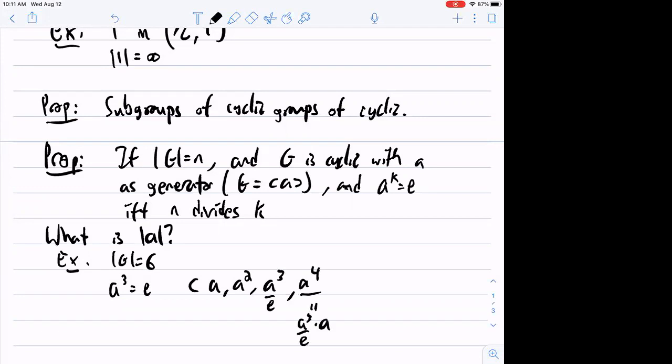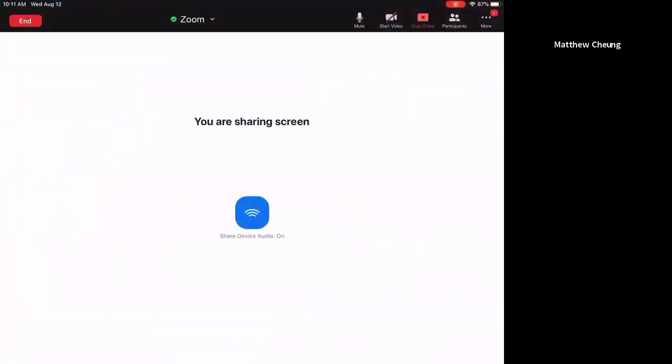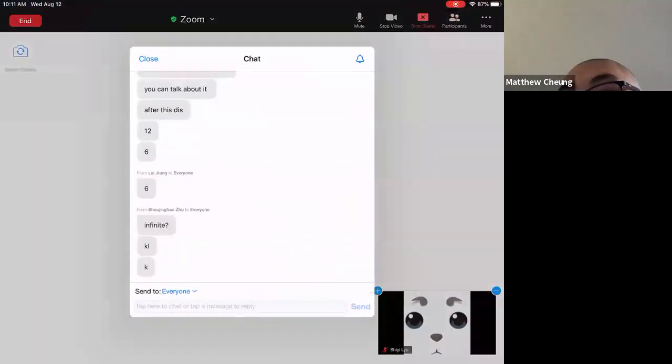So this is redundant, right? You see here, you only have three distinct elements: A, A squared, and A cubed. You have nothing else, right? So hopefully that convinces you that if you generate the whole group, you can't have orders smaller, right?